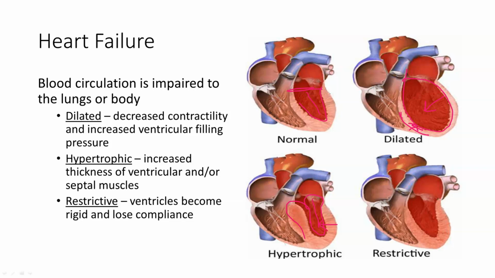Restrictive, you can have this same inside, but the muscle itself has become almost fibrous, thick. It's lacking now the ability to squeeze because of that tightness. So that's a restrictive cardiomyopathy.